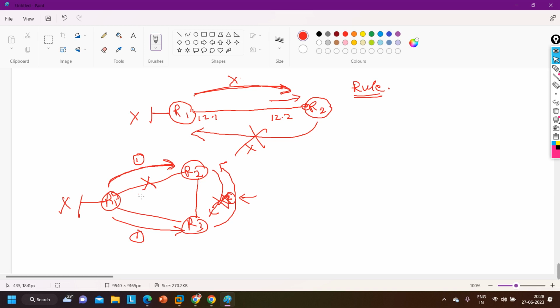Via router 3. It is sending the periodic update. So after some periodic interval of time, router 3 will learn the alternate path if this path goes down.